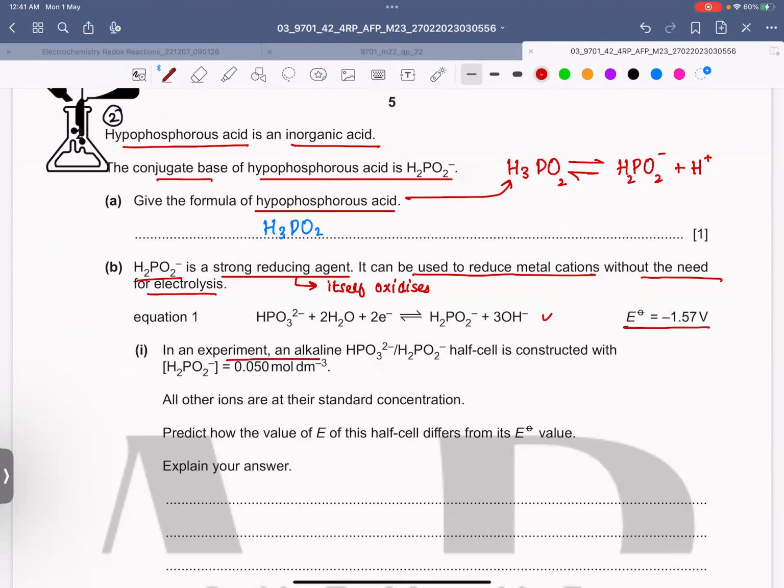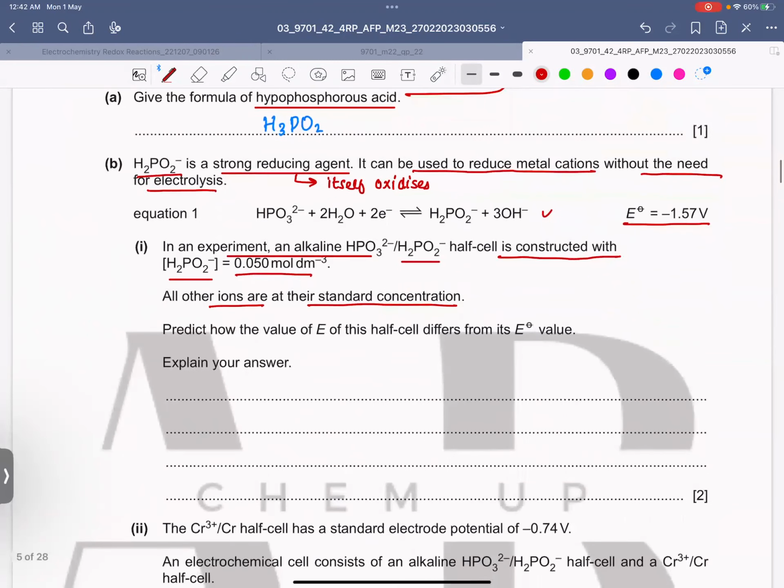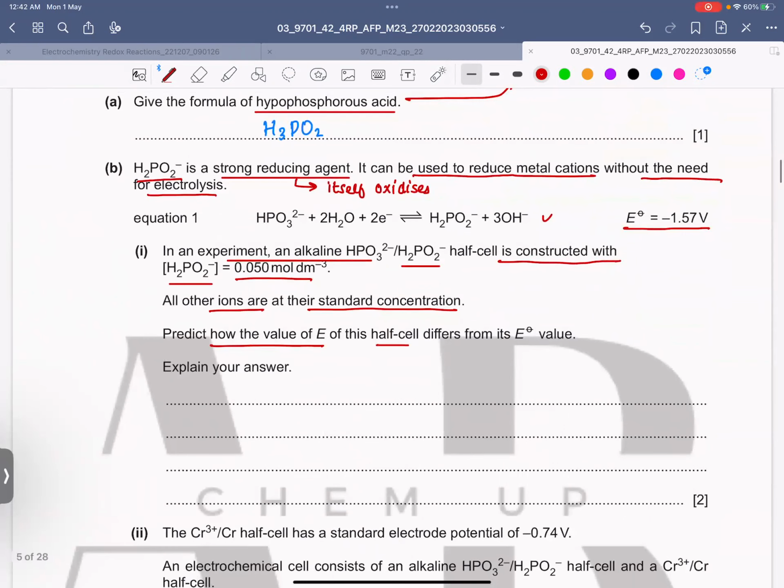In an experiment, the alkaline H3PO2 negative and H2PO2 negative half cell is constructed with H2PO2 negative ion concentration of 0.05 mole per dm³. The other ions are at standard condition concentrations, which means the other ions have a concentration of 1 mole per dm³. Predict how the value of E of this half cell differs from its E naught value.